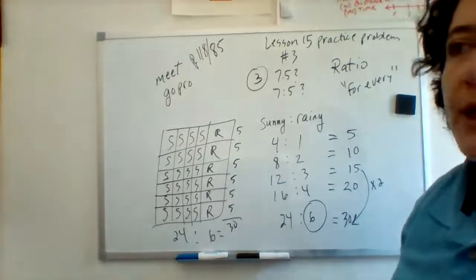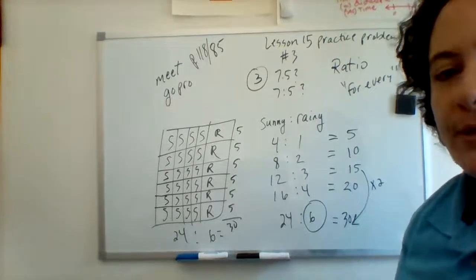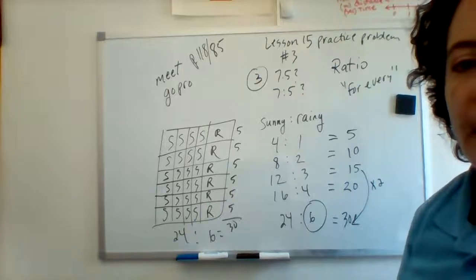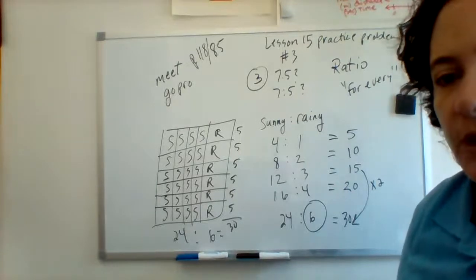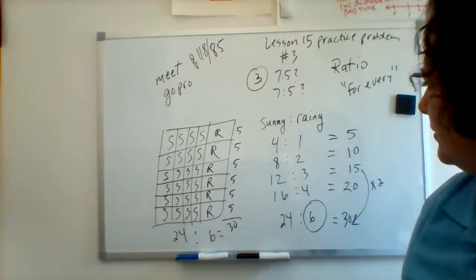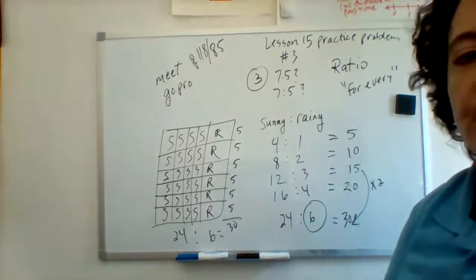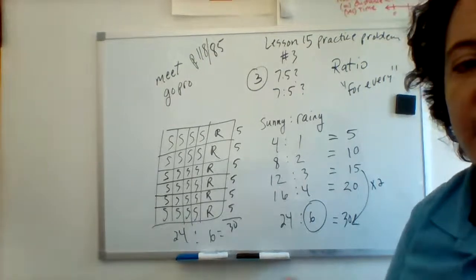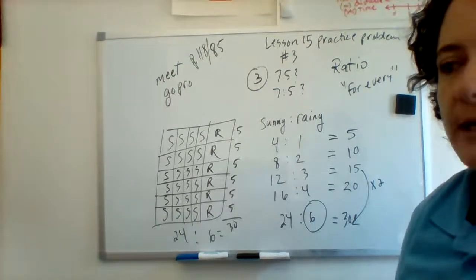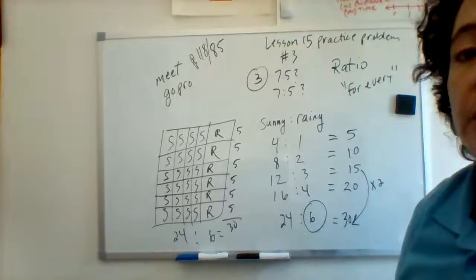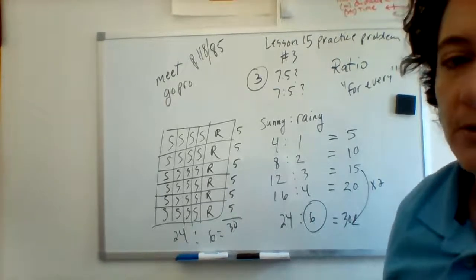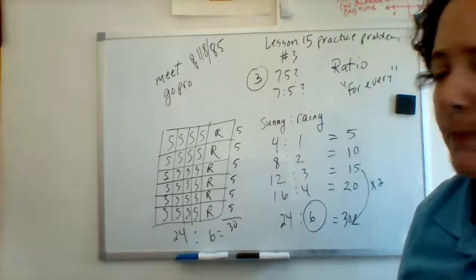I like problems like this because you might not think about weather as something that might fit into a ratio. But think about our meteorologists. They keep track of these kinds of things, and they give us statistics on the type of weather in an area, right? It's climate.